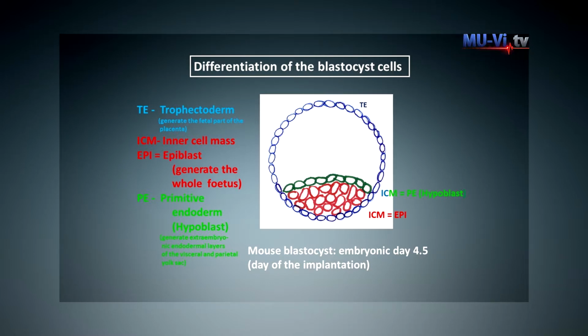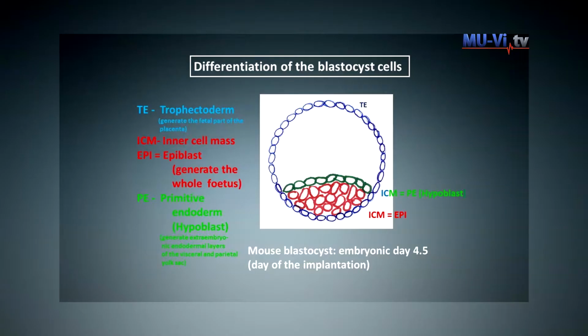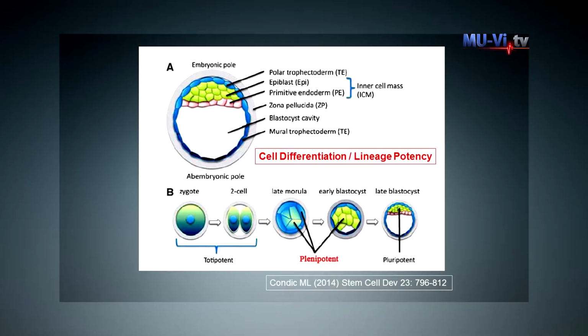Next sheet, this is the primitive endoderm, which is called also hypoblast, and it builds the yolk sac, and the most cells, the inner cell mass, build the epiblast.